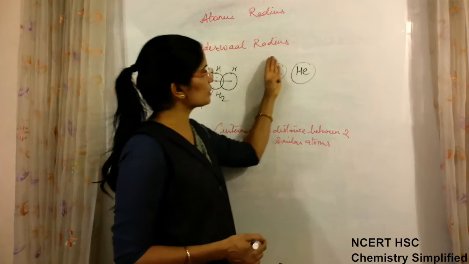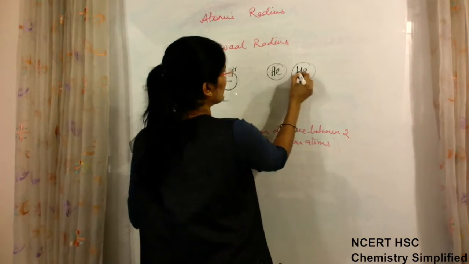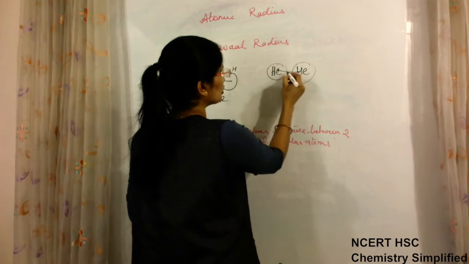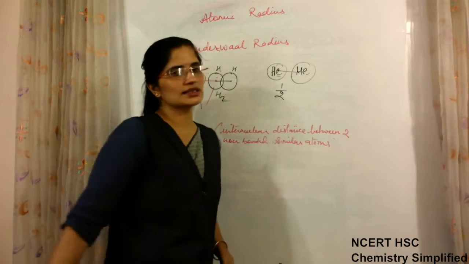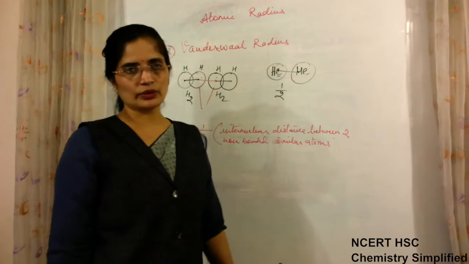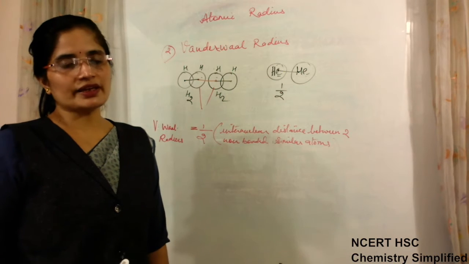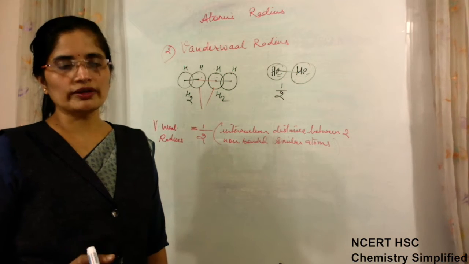So in this case, because these molecules are not bonded to others, in the bulk of these molecules, half the distance of non-bonded same type of atoms is taken, and that radius is known as van der Waals radius. Okay, so the significance of van der Waals radius is for those elements which do not form covalent bonds.